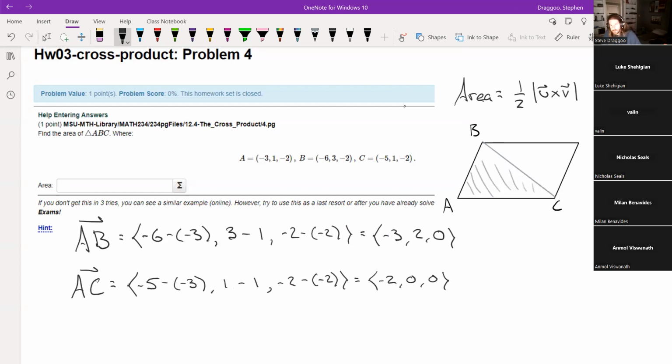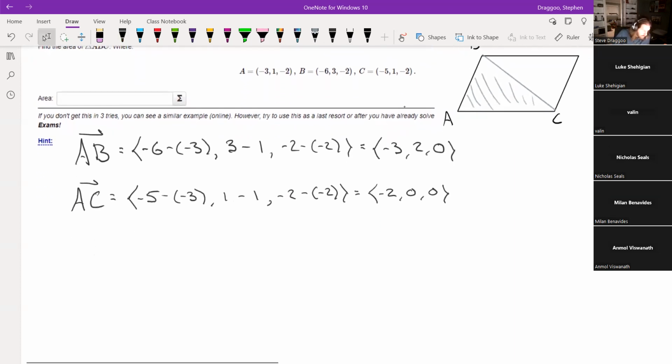So those are my two vectors. I am now going to want to get the cross product of those two vectors. So let's do that. AB cross AC.